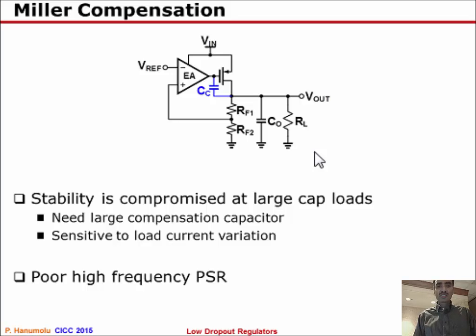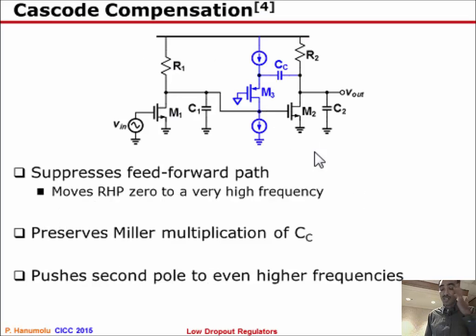So what I would like to do now is focus on a slightly different way of compensating these things, and hopefully it will give the benefit of a smaller compensation capacitor in the presence of a large load capacitance. So the way this is structured is the following. You have your first stage, denoted by M1 R1. You have the second stage denoted here M2 R2.